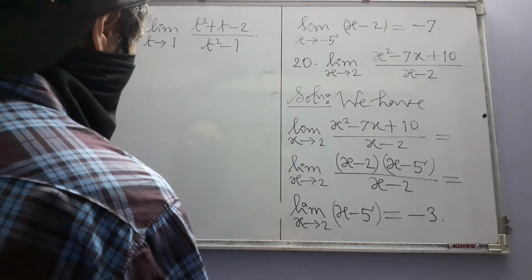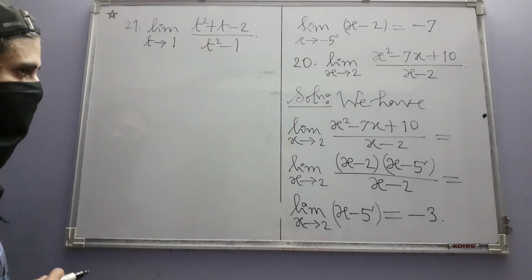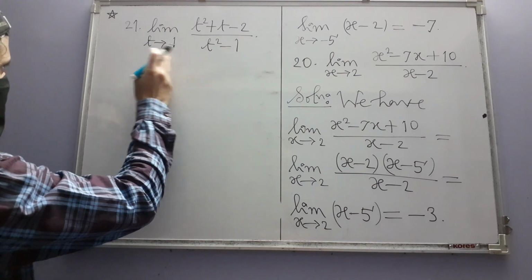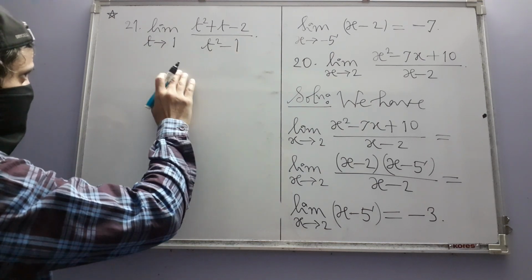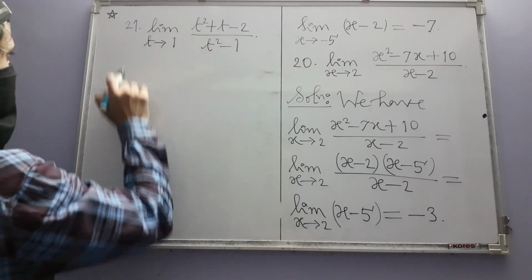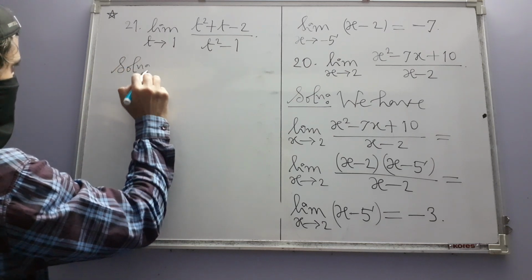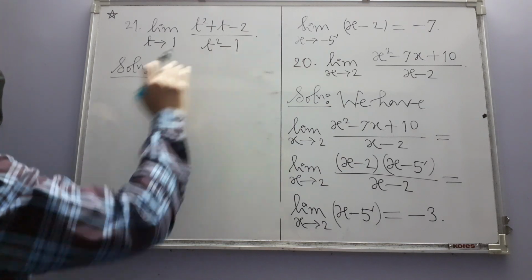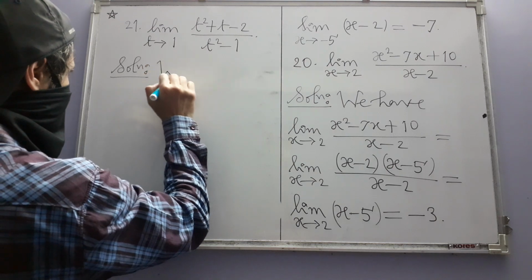Now here both the numerator and denominator are quadratic polynomials, but we of course know what we need to cancel. It is t minus 1 because t is approaching 1, and t minus 1 you can immediately see is there in the denominator, but then you have to bring it in the numerator as well.